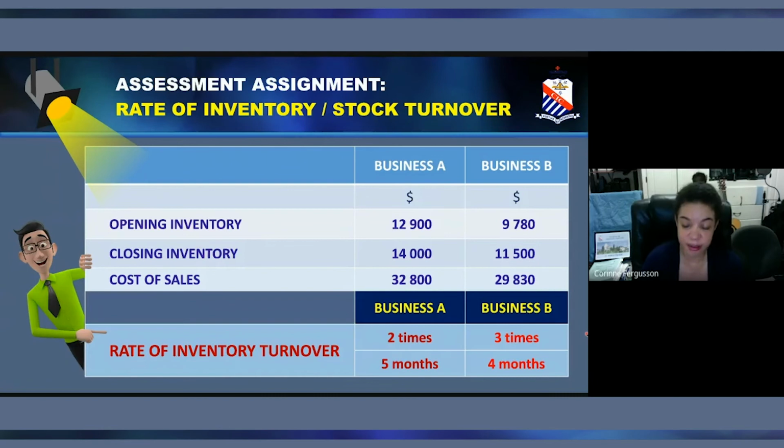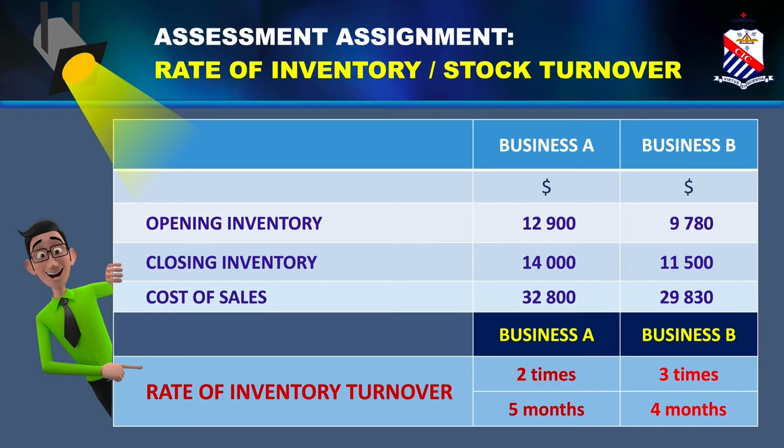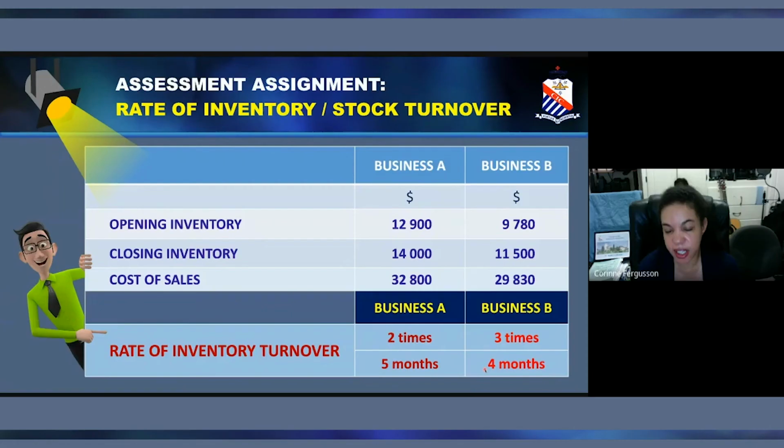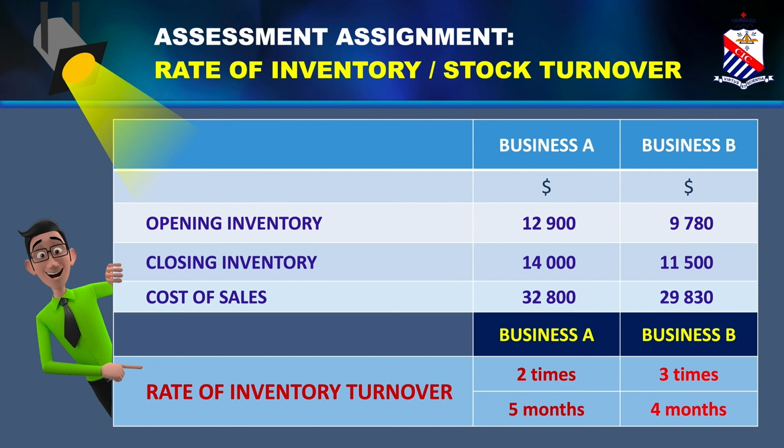And you can see it's very clearly there that business B sells more times, which means that they sell their stock faster than business A. In terms of how long it takes you to sell, you would be looking for the smaller figure because you want to take less time to sell it. So in this case, you would look for the smaller figure, which would mean that business B is selling faster because it's taking less time to get rid of its stock or to sell its stock.